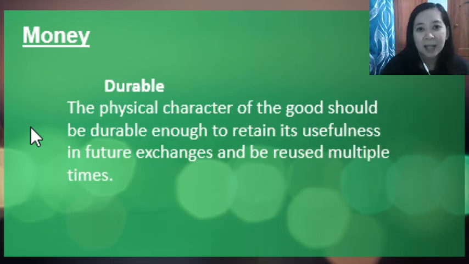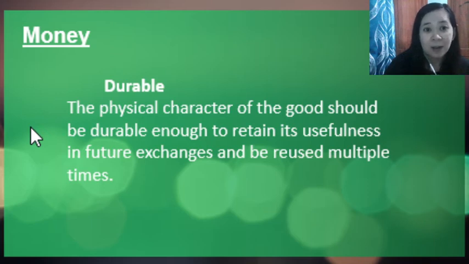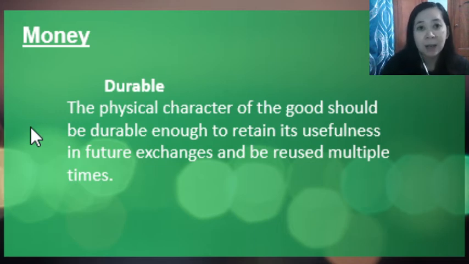Okay, so the next feature is that money should be durable. Meaning to say the physical character of the good should be durable enough to retain its usefulness in the future exchanges and be reused for multiple times. That's why, if you could notice, our money is made from fiber, because it is more flexible than that of an ordinary paper.